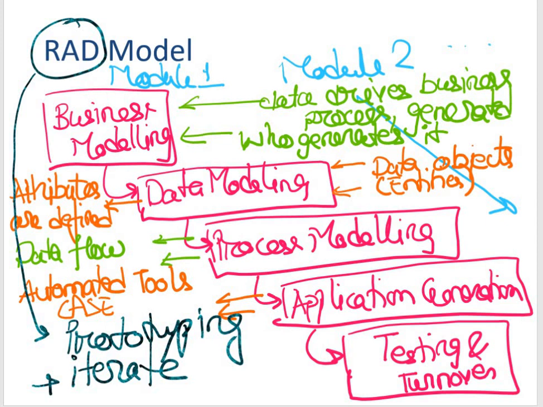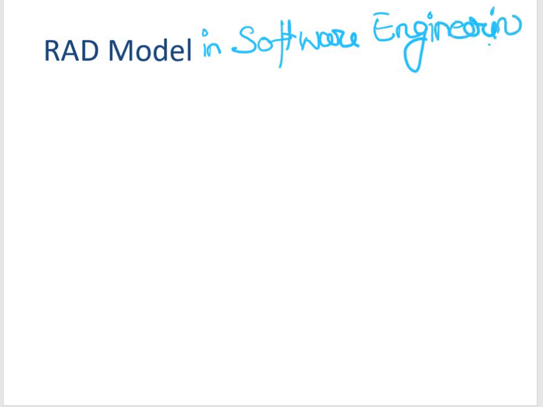Now, your next thing is how to include this rapid application development model in software engineering. What we do is we create this RAD prototype, let's say it's 1.